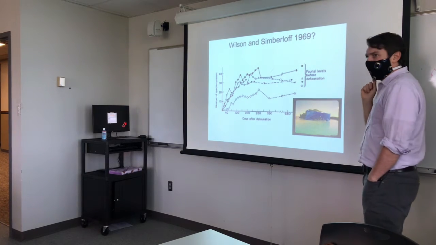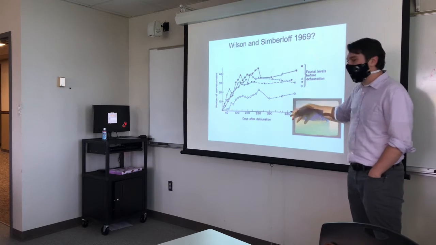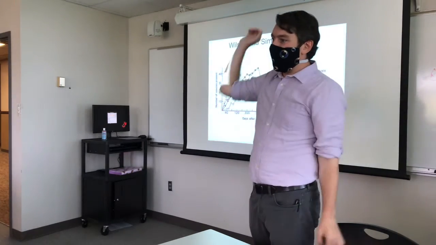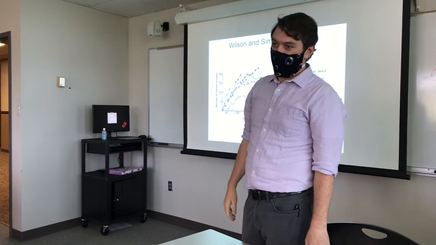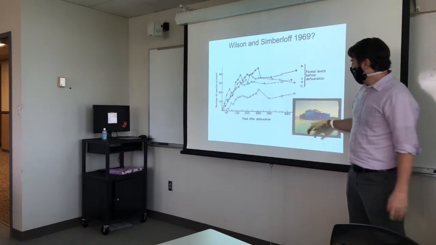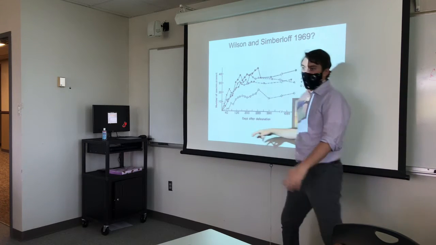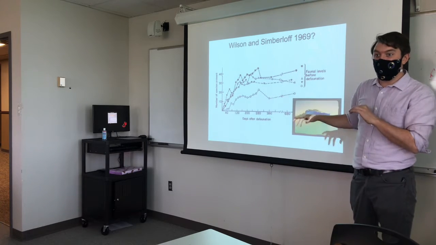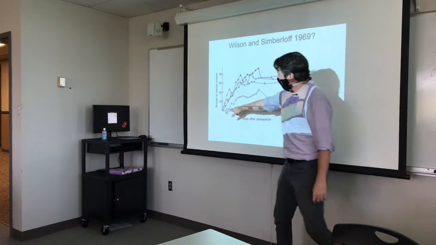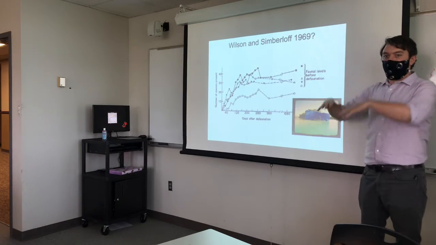And what they did is they covered all the islands in tarps, sealed them off, and then fumigated them to kill all the insects on the islands. And then they watched the number of species on these islands, which vary in their size and their distance from other islands in the little cluster of mangrove islands, they watched that number of species increase over time after they removed the tarps and allowed the fog to dissipate.